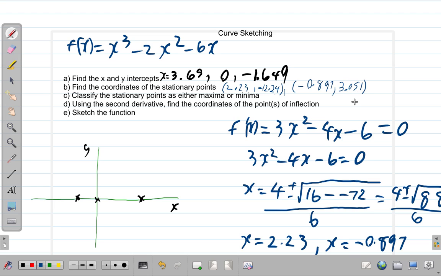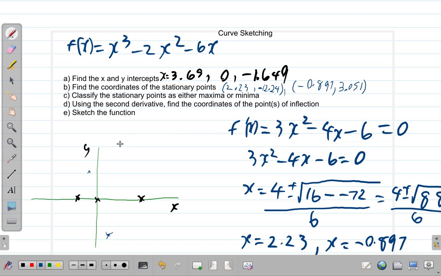Alright, so we have the coordinates of the stationary points. One will be at 2.23, negative 12.24, somewhere here. And the other will be at negative 0.897, 3.051, somewhere here.